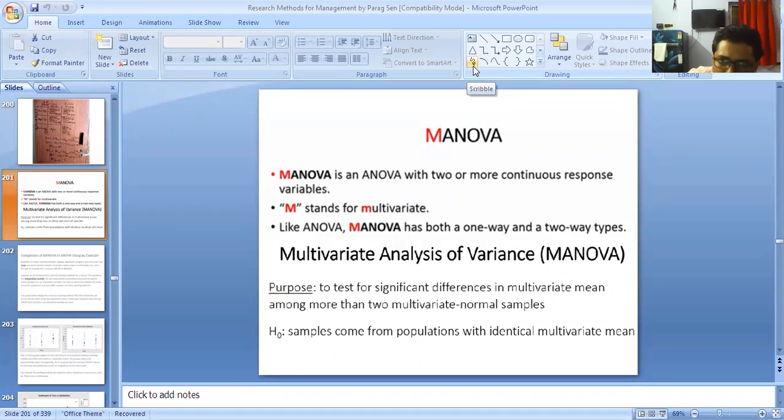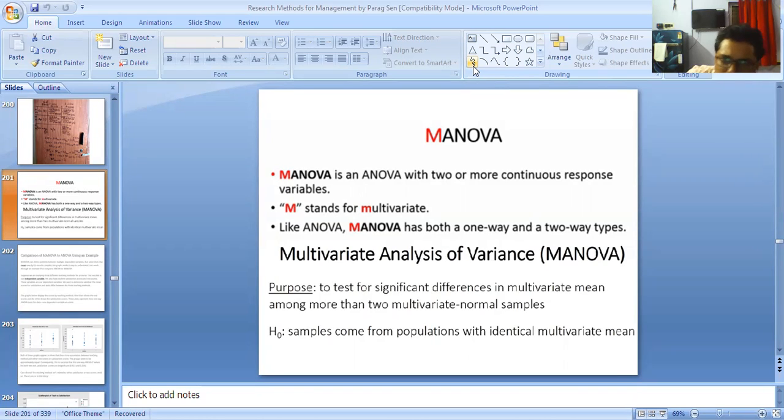So in this way you will be dealing with MANOVA. You can understand that ANOVA is very general, that means you have only one dependent variable and one independent variable. So there is no such thing called one-way MANOVA. It is not possible.